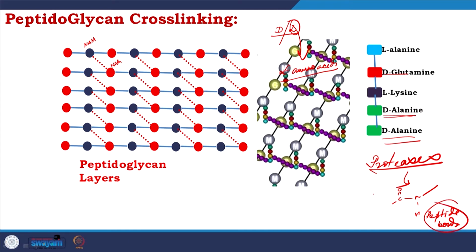So, nature understood the importance of this cross linking in the survival of bacteria, so they have incorporated opposite chirality so that the common proteases could not cut this. So, that is what I was talking about.